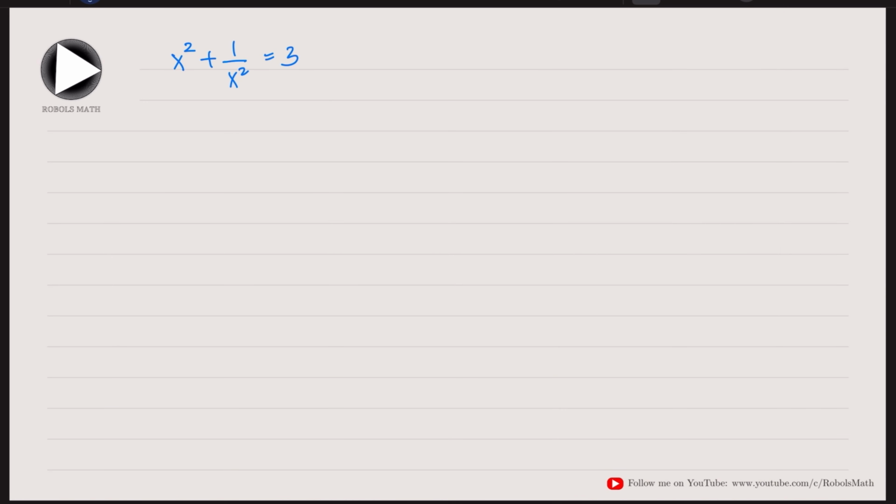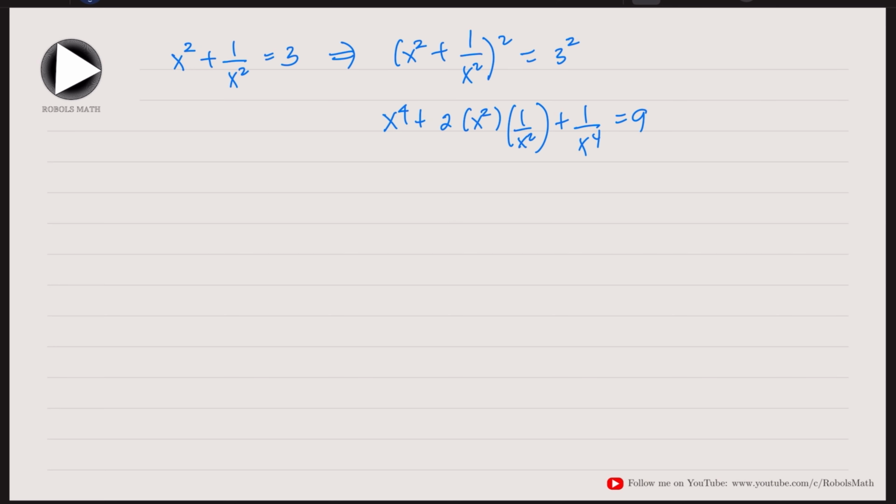Now we can do again the same process. We square both sides. And when we do that, note that we'll get something like x to the fourth on the left side. So we get here x to the fourth plus 2 times x squared times 1 over x squared plus 1 over x to the fourth is equal to 9. Again, the middle term simplifies to just 2.